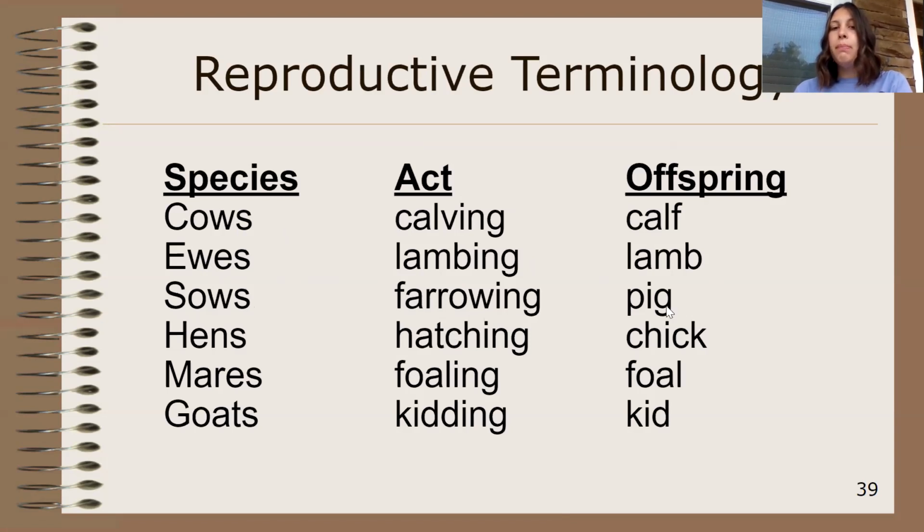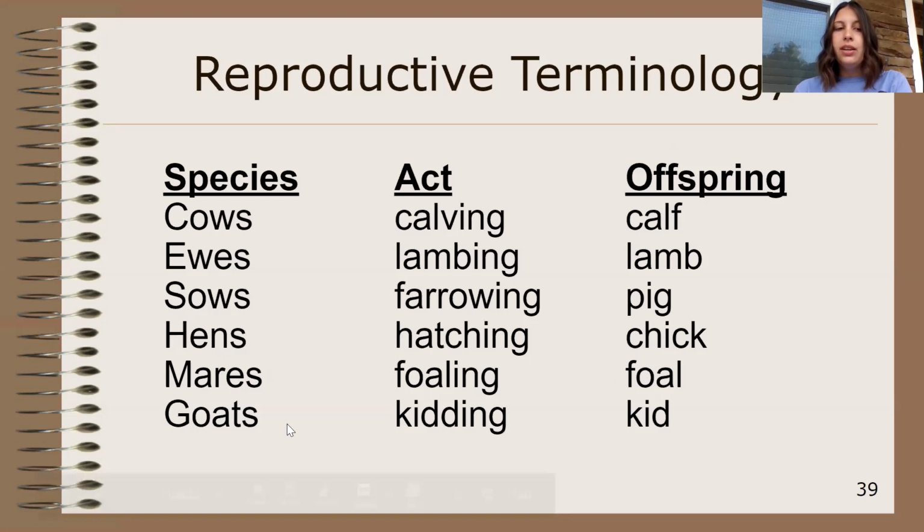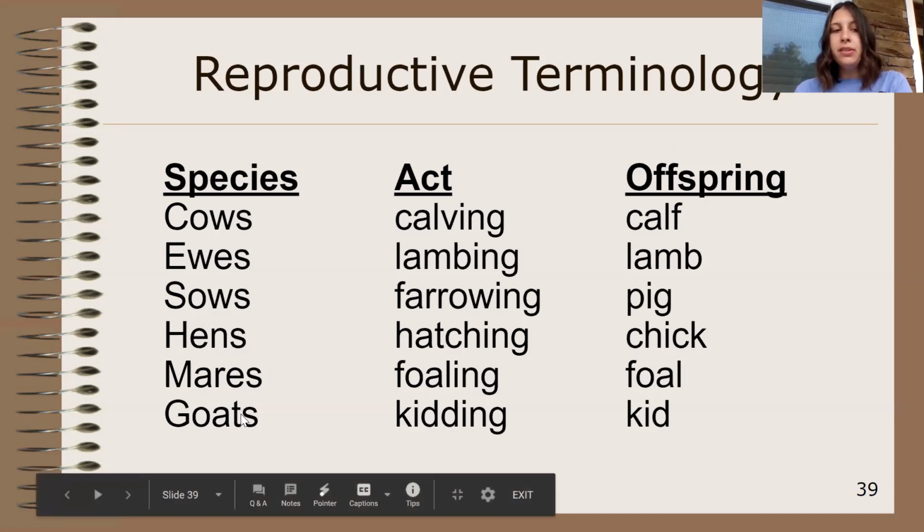When chickens or hens have babies, it's called hatching. The eggs hatch, and the babies inside are called chicks. When mares, or horses, have babies, it's called foaling, and the baby is called a foal. And when goats have babies, it's called kidding, and the babies are called kids.